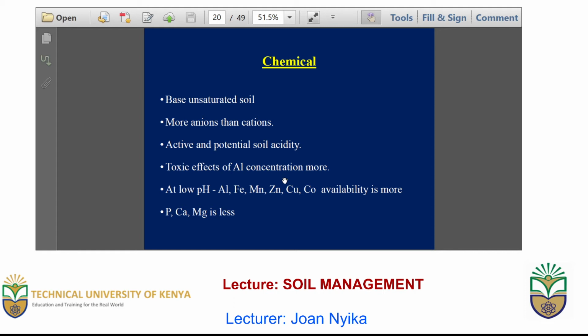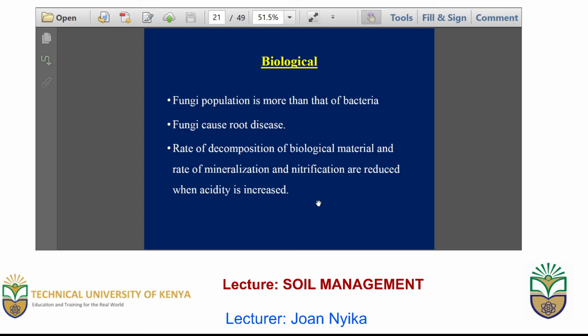Then they are active and they have got the potential to cause soil acidity. Most of them have what we refer to as toxic aluminum levels, and at low pH they have got high levels of aluminum, iron, manganese, zinc, copper, and cobalt cations, while the magnesium, the calcium, and the phosphorus are in lesser concentrations.